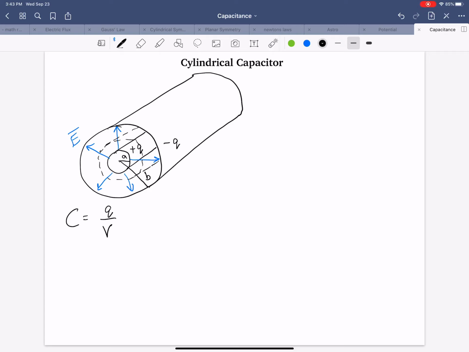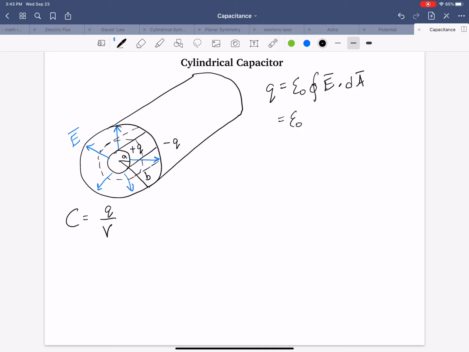So if we were to draw now a Gaussian cylinder of radius, we'll call r, we can write Gauss's law like such, closed integral of E dot dA. The radius of our Gaussian cylinder is r. We want to find the area that is around that central charged cylindrical plate.